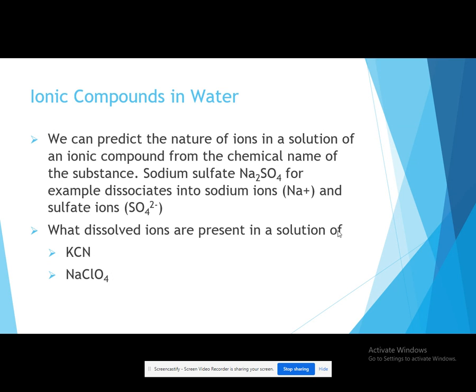Now we can often predict what ions are going to form when we put compounds in water to be dissolved, just by looking at what makes up that compound. A good example of this is sodium sulfate. Sodium sulfate can dissolve into sodium and sulfate ions. This is going to bring back chemistry from when we learned how to name things.